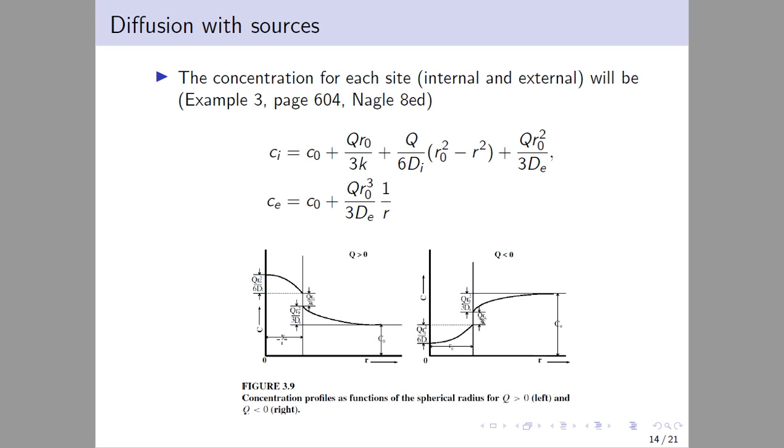For Q less than 0, the external side without a source, the molecules from outside will enter into the internal side. So these are the examples.